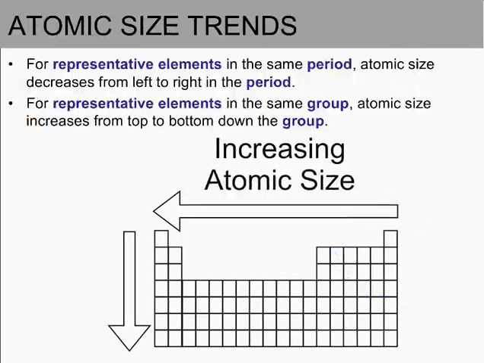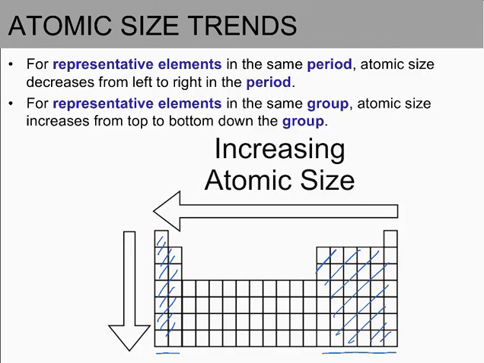Now, another trend we can talk about is atomic size. This has to do more so with the number of electrons and protons that are present in an atom. So for representative elements, and remember that includes the first 2 columns and then the last 6 columns of the periodic table, I'll kind of color those in here.